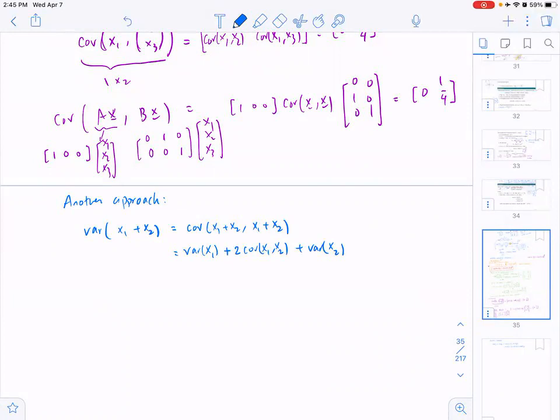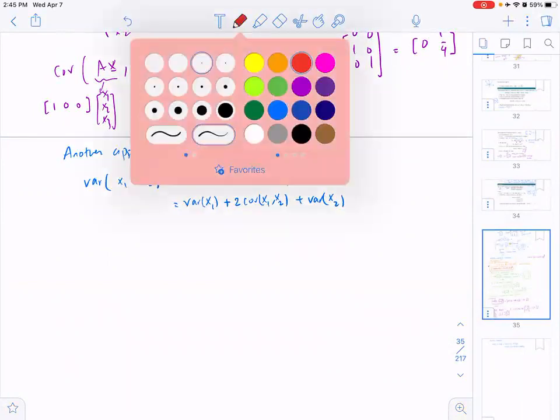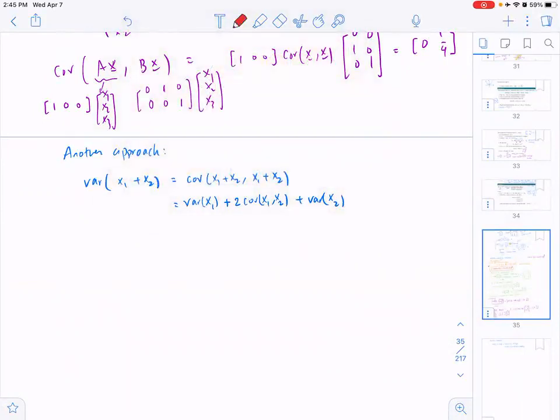So how did you come up with this? Is it just from memory, or is there a procedure for getting this?